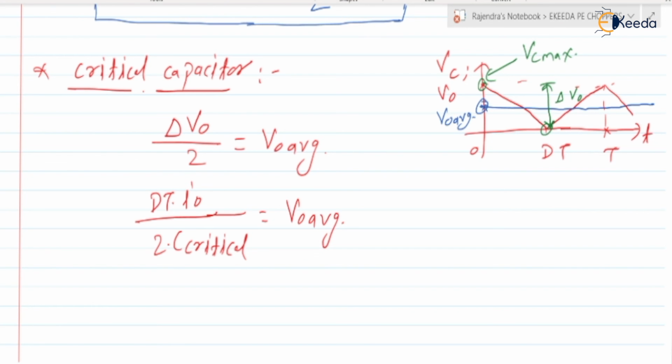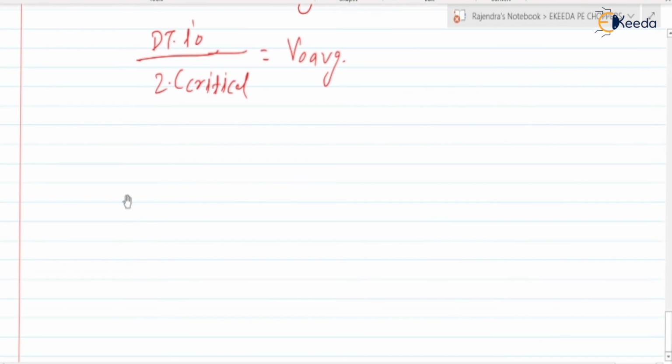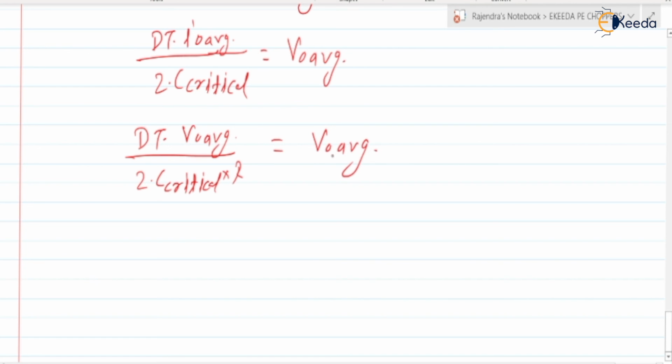Next, I0 can be replaced with V0 average by R, since this I0 is nothing but I0 average. So it is DT into V0 average divided by 2 into C critical into R. This V0 average by R is nothing but I0 average. So this V0 average and that V0 average will get cancelled.